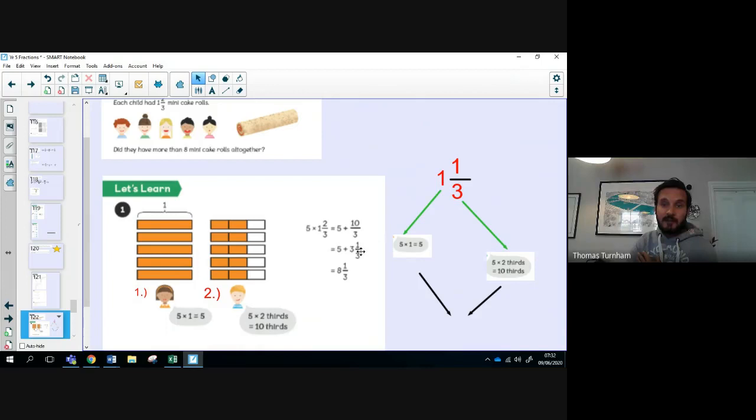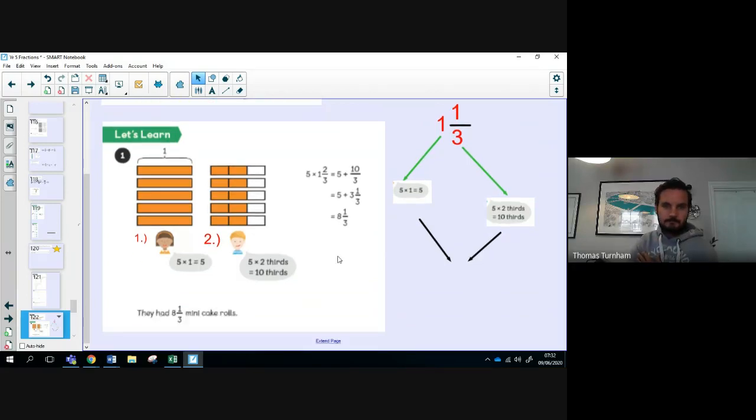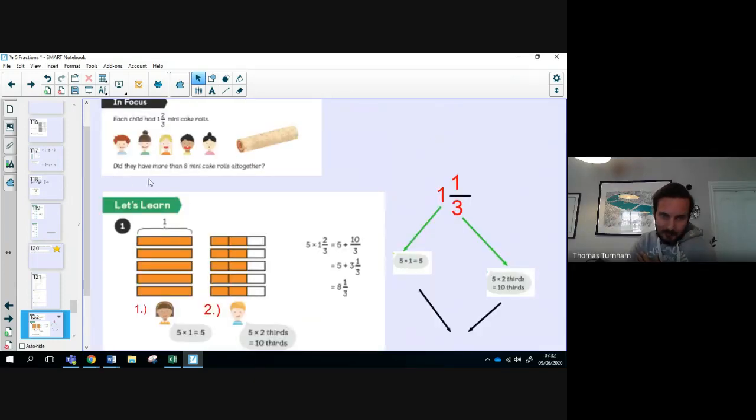I've got to convert that to mixed, add the 2 whole numbers together, and then add the fraction in. So the answer was they had 8 1/3 of a mini cake roll. Going back to our original question, was there more than 8 mini cakes? Of course, the answer is yes.